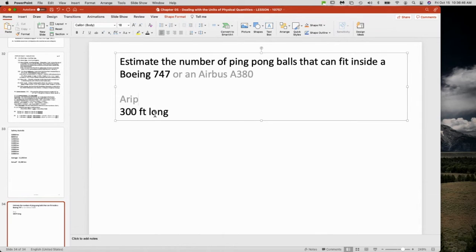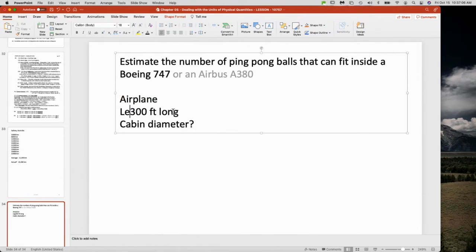Okay, so we're going for the airplane right now. So the airplane is 300 feet long. What do you think in terms of the cabin, what do you think the radius is, or the diameter of the cabin? What's the cabin diameter? Or I should say fuselage, sorry. 15 feet, 20 feet? Yeah, I think 20 feet's a good number.